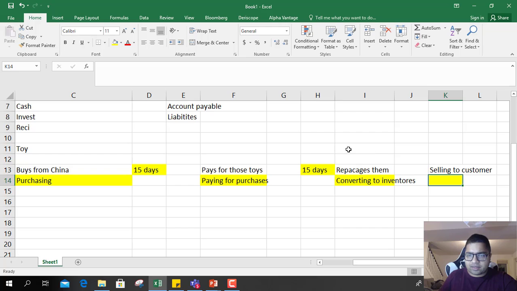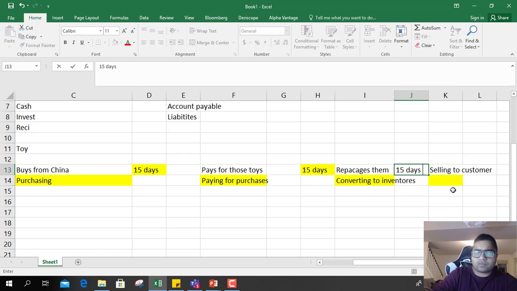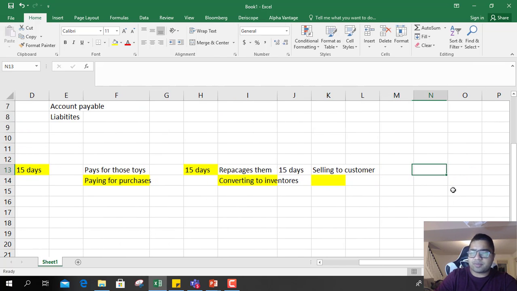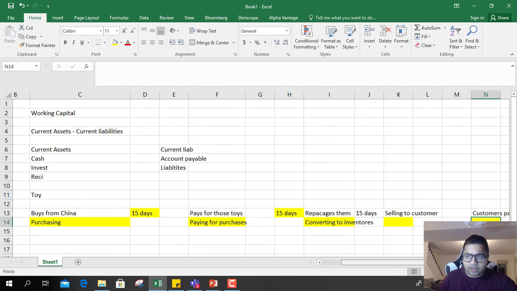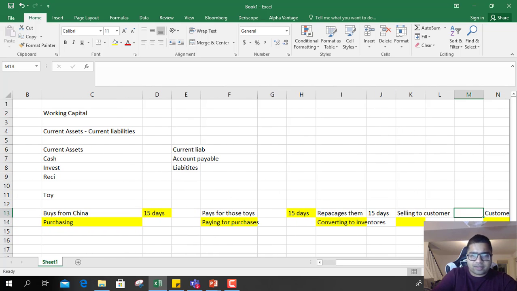Let's say converting to inventories takes 15 days, and for the sales cycle the inventories are there for 15 days again. Then the customer is given a credit of 7 days, so the customer pays. So let's say this is 7 days.